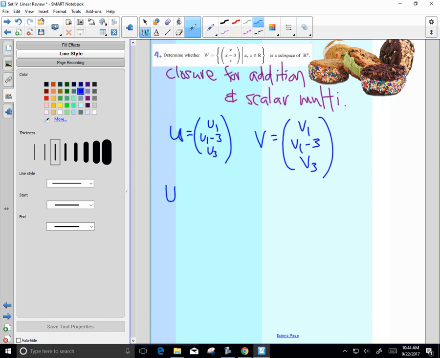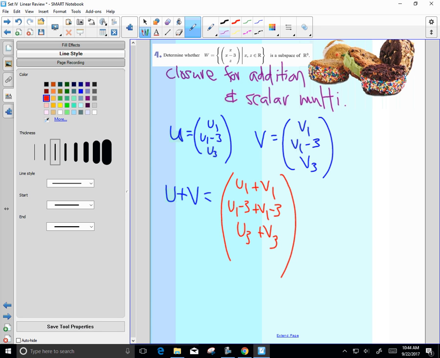And we have to show that if you take u plus v, you're going to get essentially this plus that. But watch what happens when I do that. u1 plus v1, minus 3 plus minus 3, u3 plus v3.